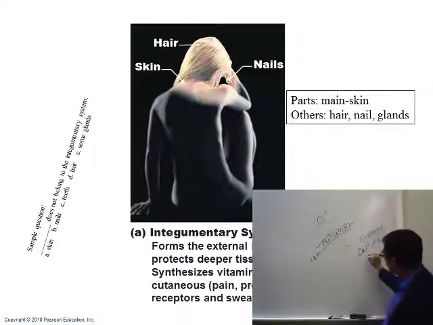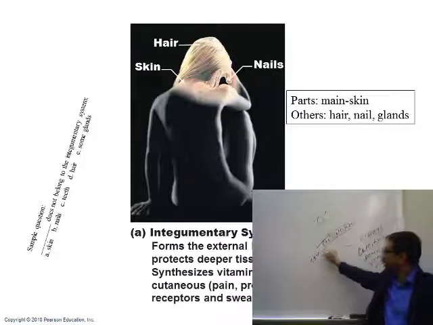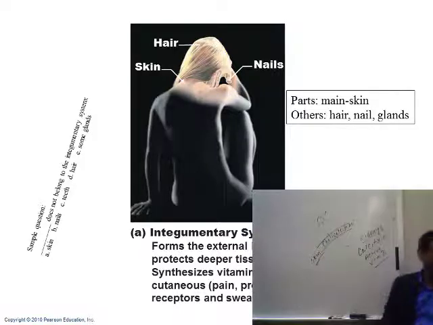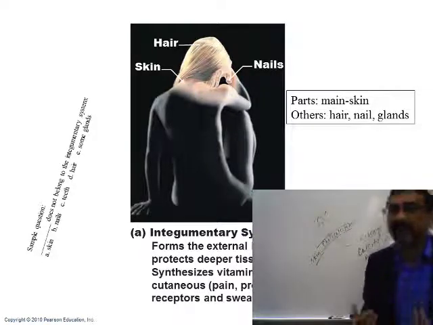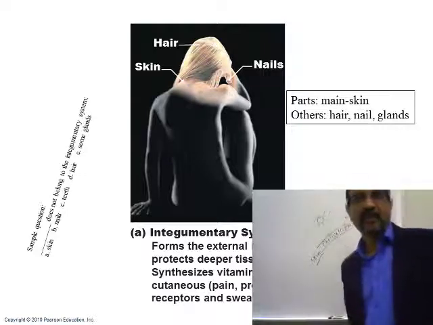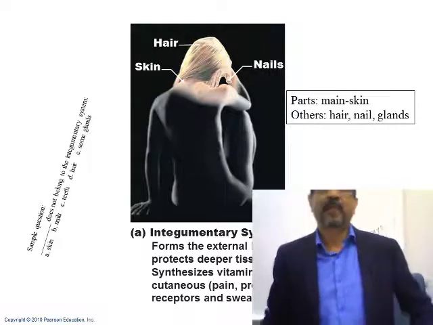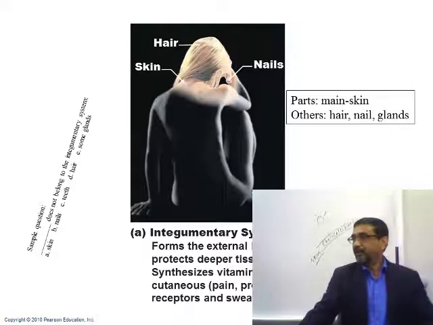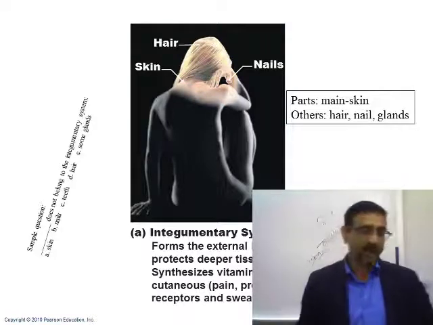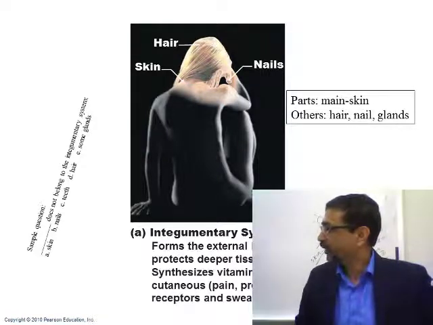So calcitriol is active vitamin D. Okay. So you see that your skin or integumentary system helps in the synthesis of vitamin D by producing the precursor of vitamin D.